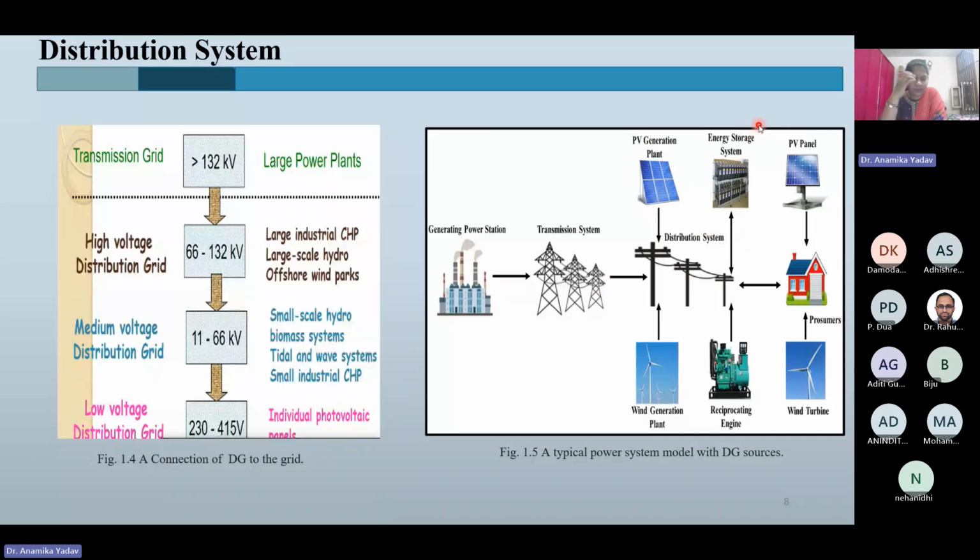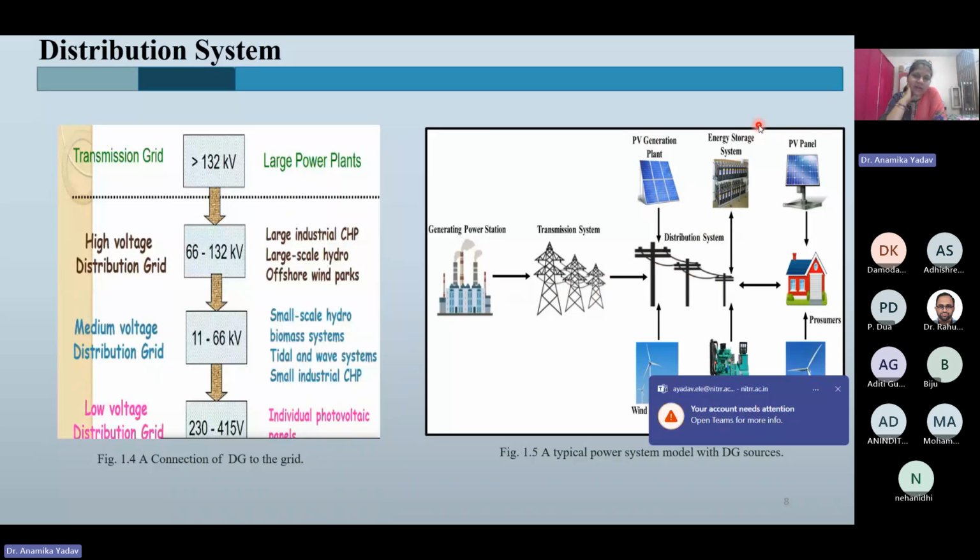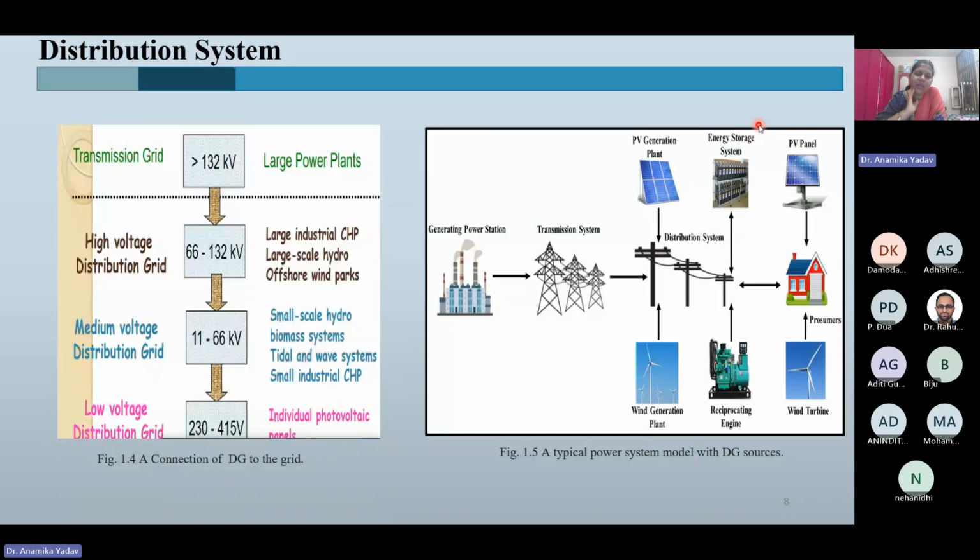If you come to Chhattisgarh, there is one battery energy storage system based solar power plant installed in Mahasamund district, Chhattisgarh, by Solar Energy Corporation of India Limited. It is basically 40 megawatt and 120 MVA.